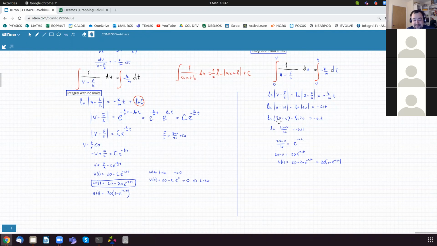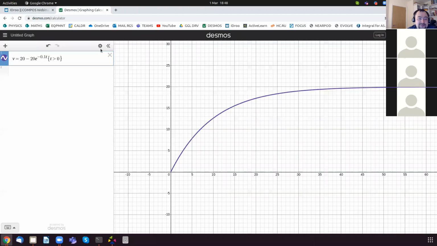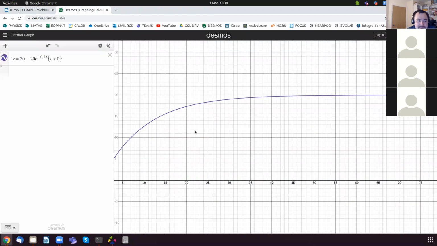Well, I mean, only when the charge is less than 1 electron, something like that, when all the electrons have left. But if you look at the graph, of course, it will never be 20.